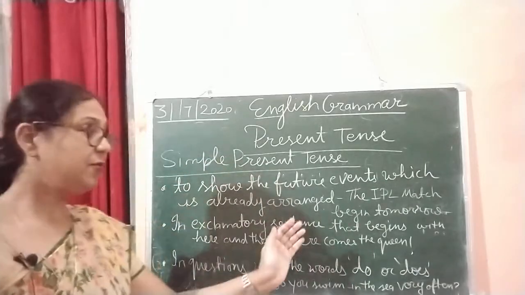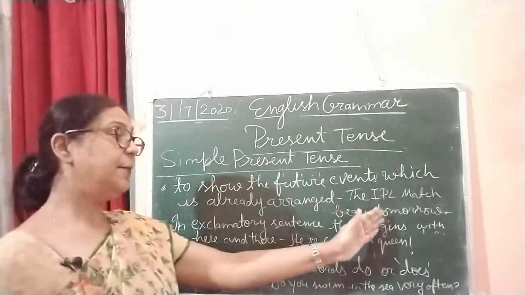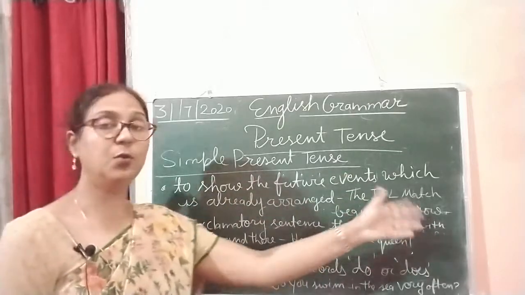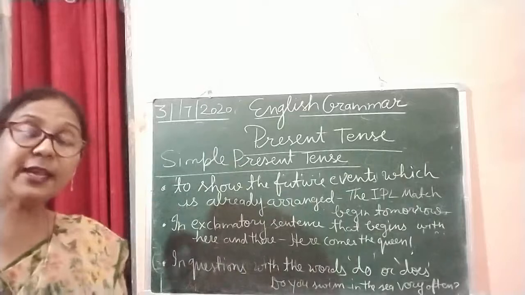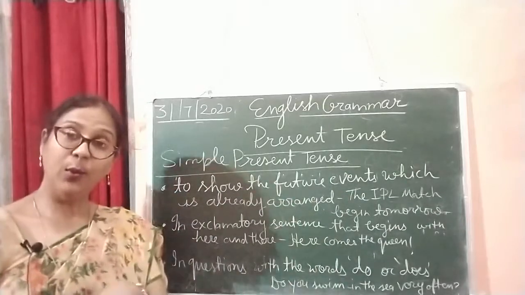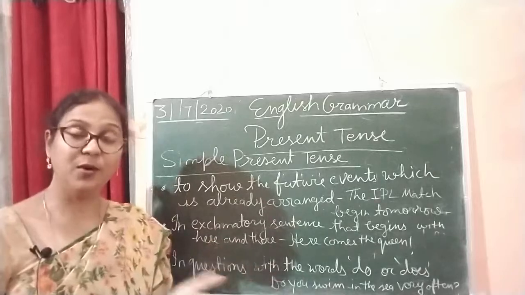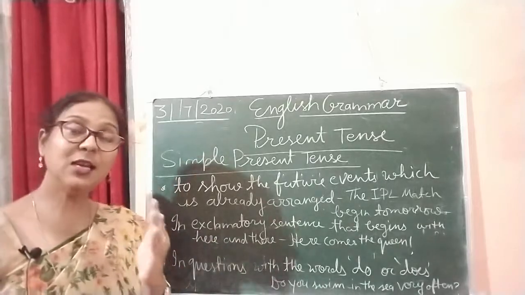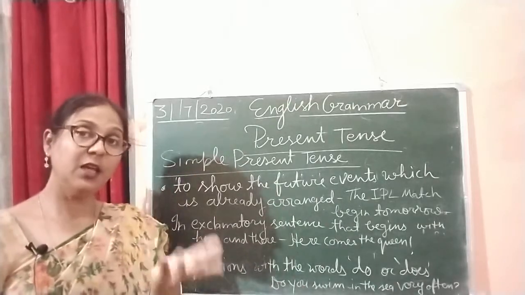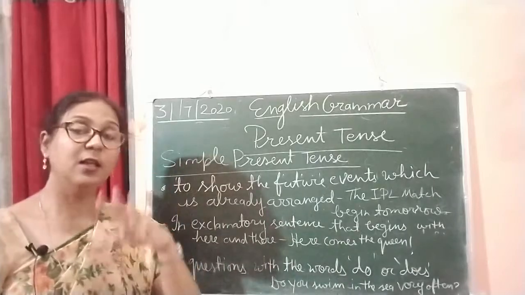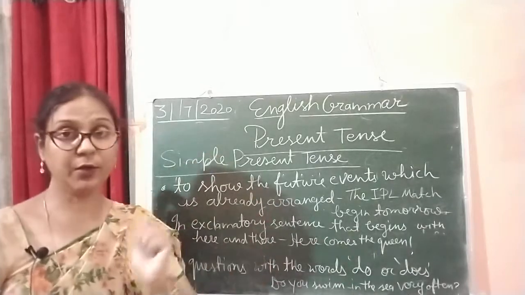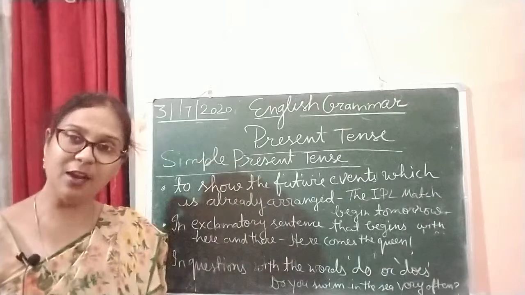So if the example is the IPL match begins tomorrow, or you can say the next lockdown begins from tomorrow. This way, because it is already arranged, it was already done. So we are talking about the future over here, but it is already arranged.